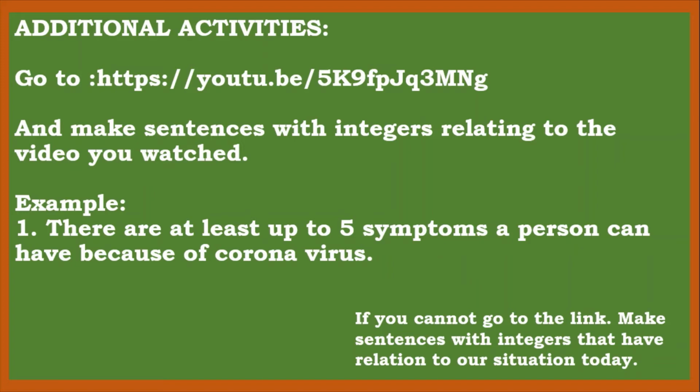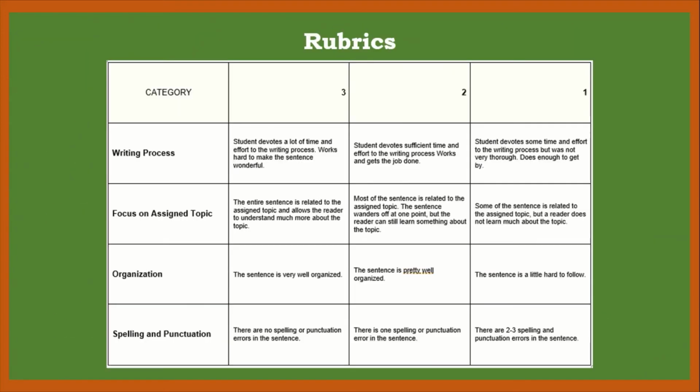If you cannot go to the link, make sentences with integers that relate to our situation today. It is okay. This is also the rubrics for that, which is included on your activity sheets.